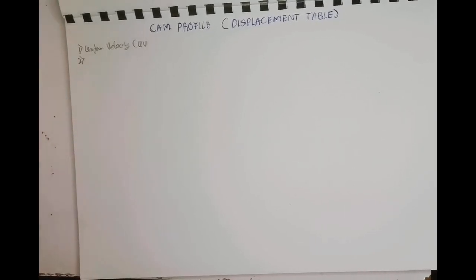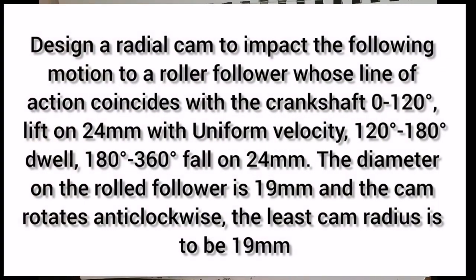Using this question: design a radial cam to impart the following motion to a roller follower whose line of action coincides with the camshaft. 0 to 120 degrees, lift of 24 mm with uniform velocity. 120 degrees to 180 degrees, dwell. 180 degrees to 360 degrees, fall of 24 mm.